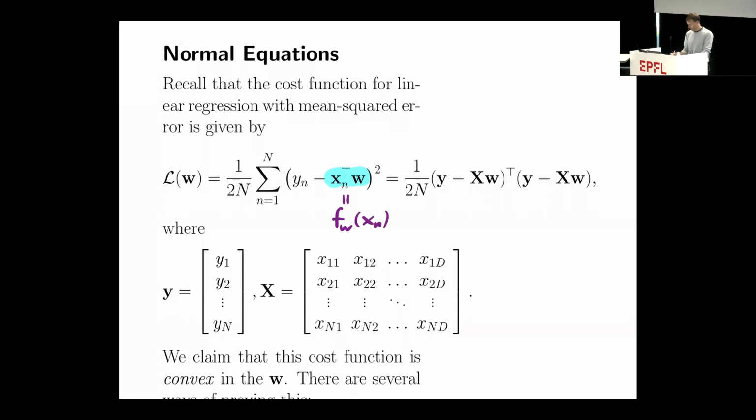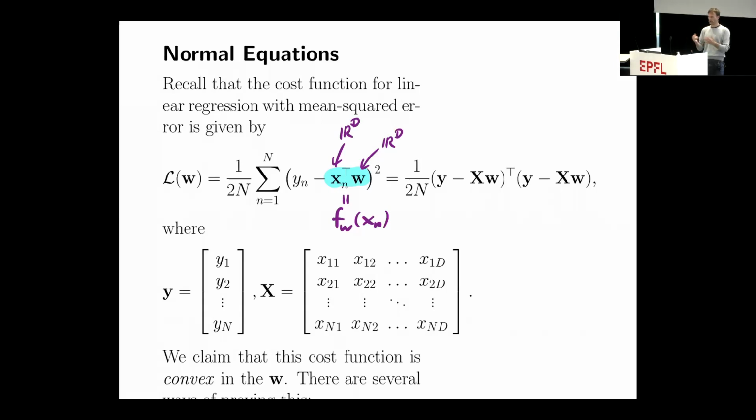So of course, the model answers a number given the x data point, which is a vector, right? So the model here is a d vector, and the data point is also a d vector. So now we have these d-dimensional vectors.